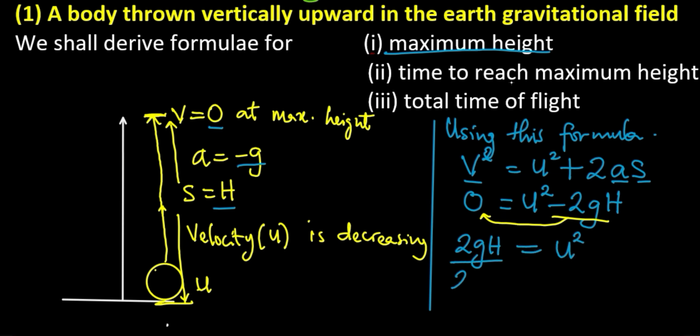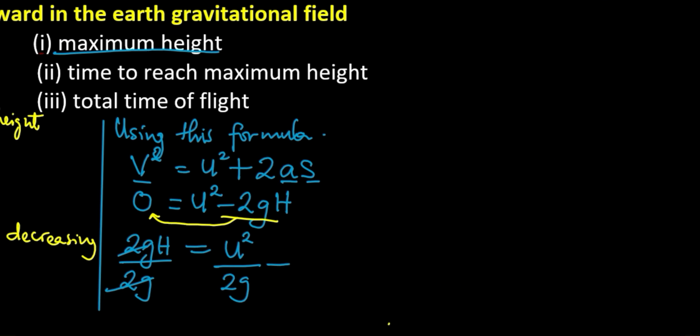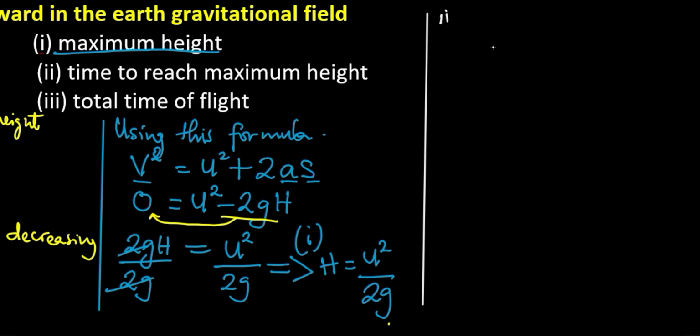We are to get the maximum height, so we divide everything by 2g. So the maximum height h will be given as u²/2g. That is for a body that is thrown vertically upward.